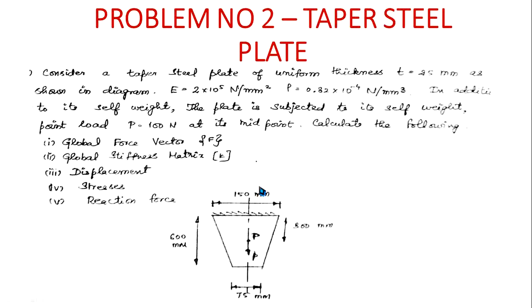It is tedious to solve on paper, but when you use a simulation software, it's really an easy thing. So hope you understand the problem. Now we'll see how to apply the FEA procedure, which we already applied in a previous simpler problem. Now we will apply the same FEA procedure in a complex problem.